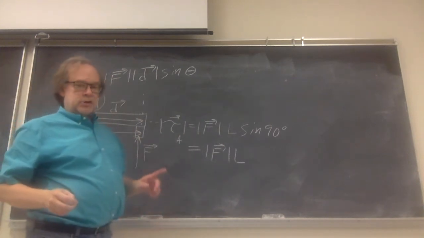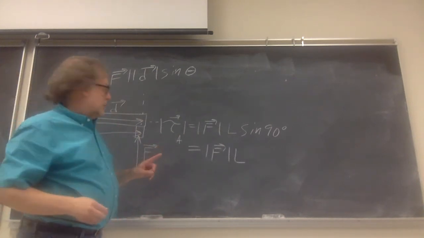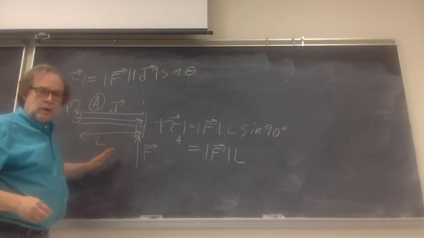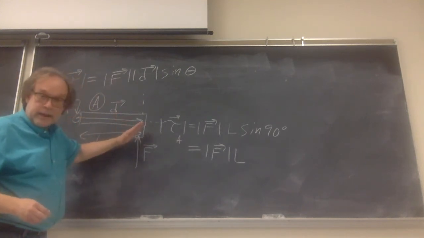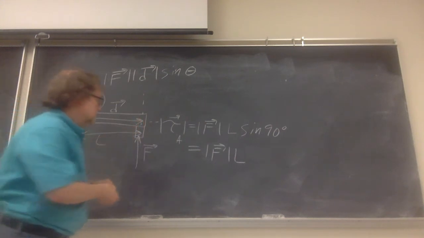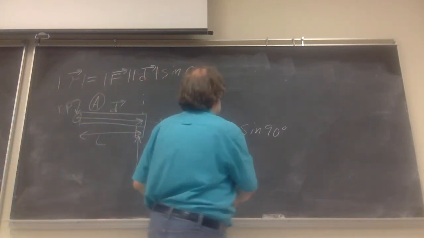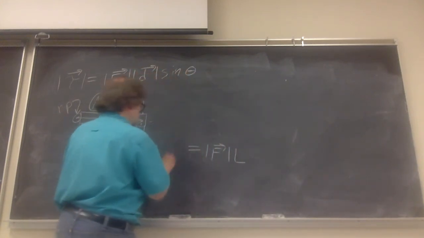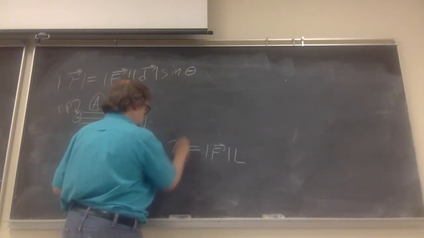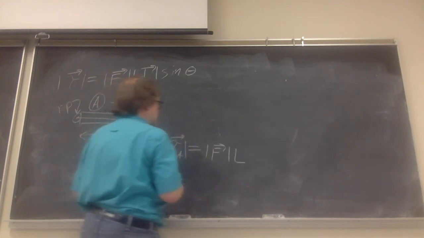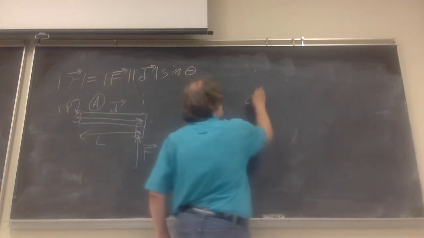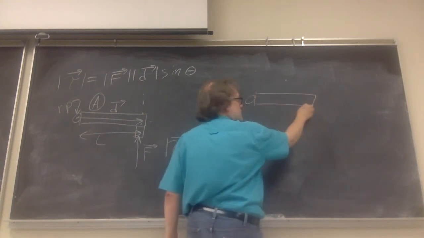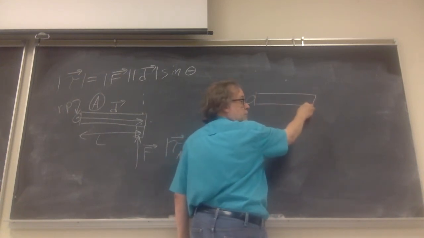Now, imagine something a little bit different. Imagine that I'm still pushing at the doorknob, but now I'm not pushing perpendicular, I'm pushing at an angle. So the door, same door, I'm still pushing right here on the same point.